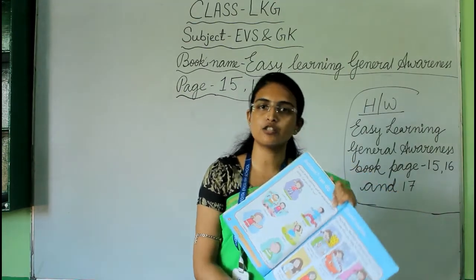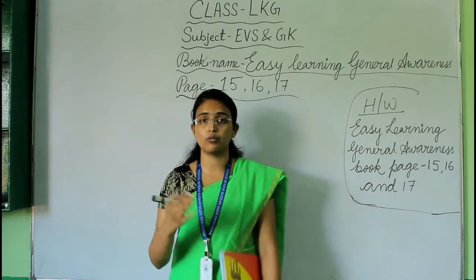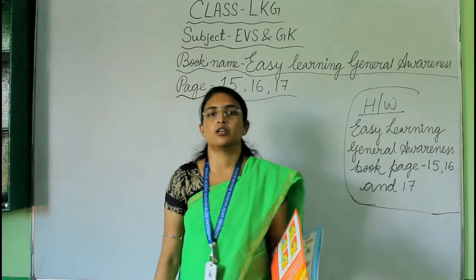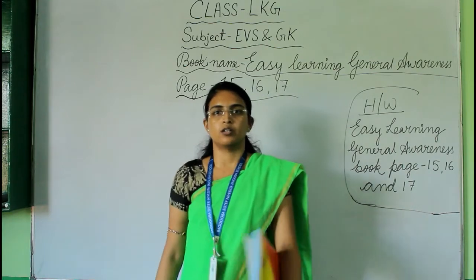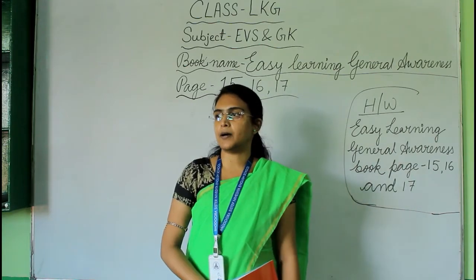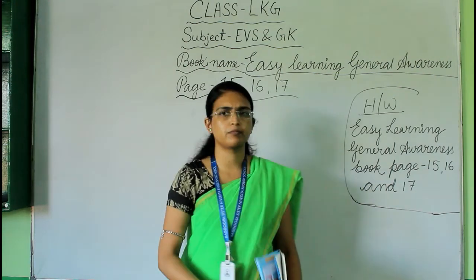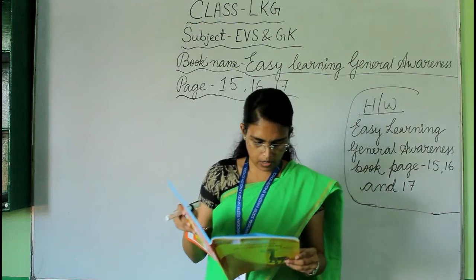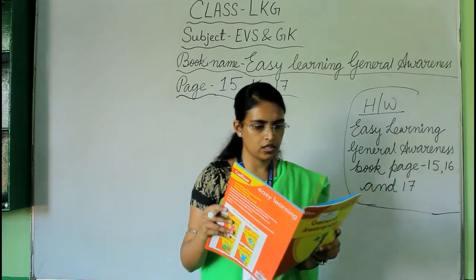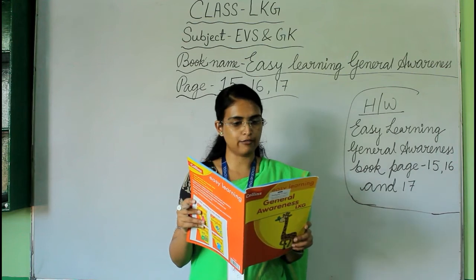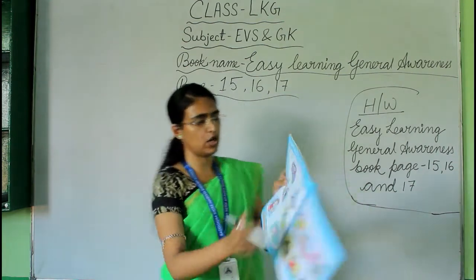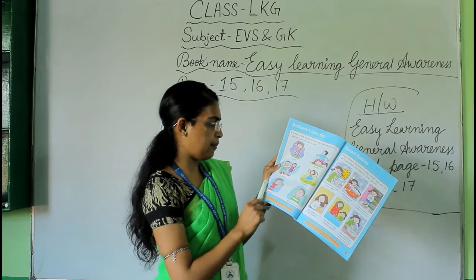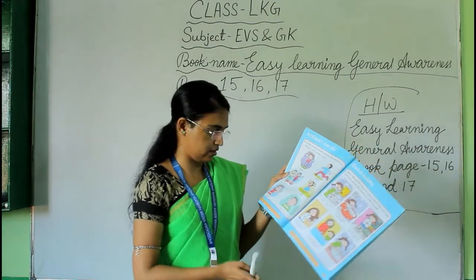Besides these, we can do lots more actions, like we can write, we can walk, we can paint, etc. Okay? So you have to look at this picture and tell me what type of actions they are doing.